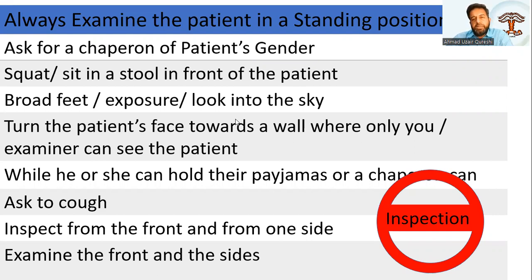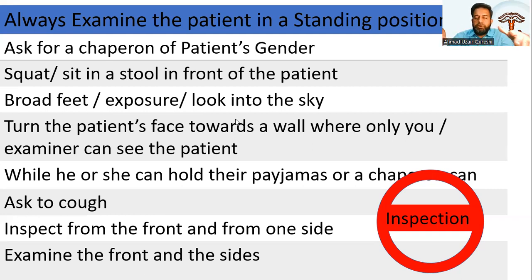So if you're female, you ask for a female chaperone, so that you examine and the patient is comfortable. If you're a male and the patient is female, it's mandatory to have a female chaperone available. Okay, then you need to sit and squat in front of the patient while the patient stands.